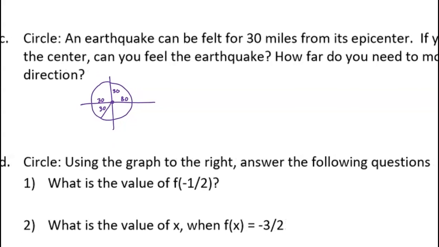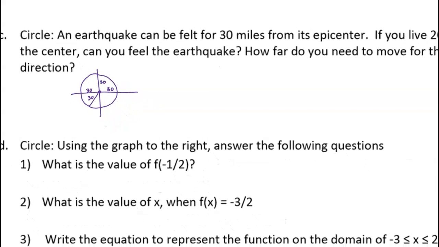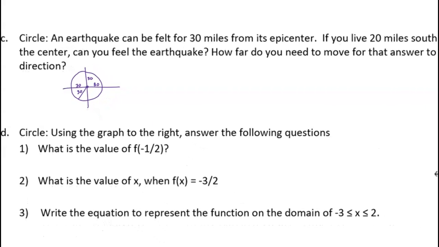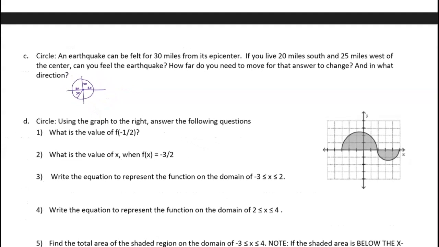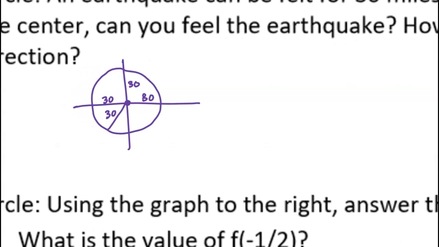Everything is within this 30-mile radius. If you live 20 miles south and 25 miles west of the center, can you feel it? So the question becomes, if I'm going 20 miles south and 25 miles west, is your house within this circle or out of this circle?